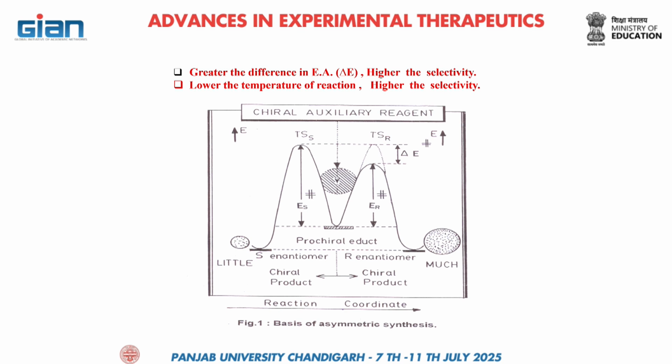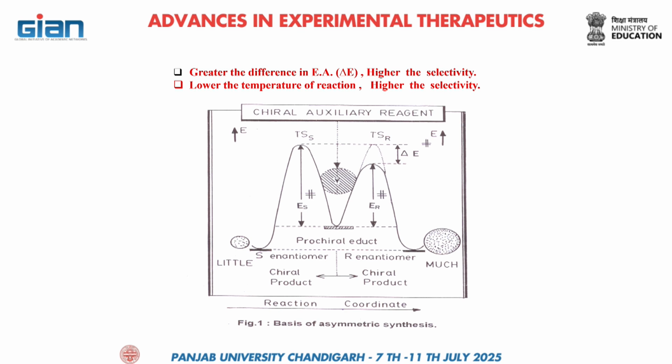Okay. So if you see in that graph, what I want to say, you see we said that 2 types of enantiomer, one is S and other is R. Okay. If you see, we are writing prochiral adduct. यहाँ पे आपको ये देखना है, this is your prochiral substrate.